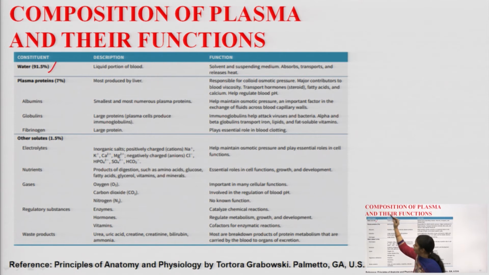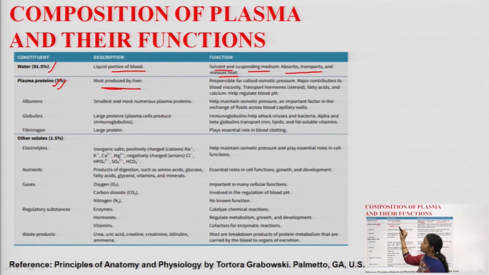First one, water, that is 91.5%. It makes up the liquid portion of your blood, and its main function is to absorb, transport and release heat, as well as to act as a solvent and suspending medium. Next one is the plasma proteins, which are 7% of your blood plasma.